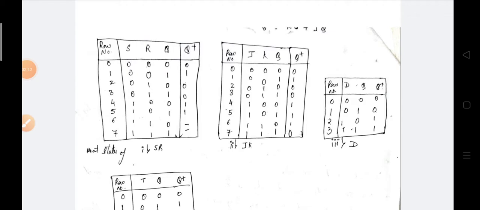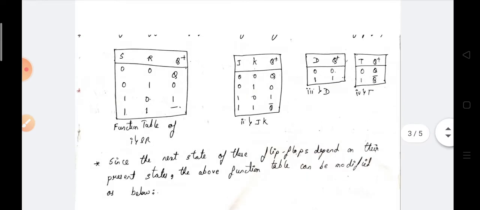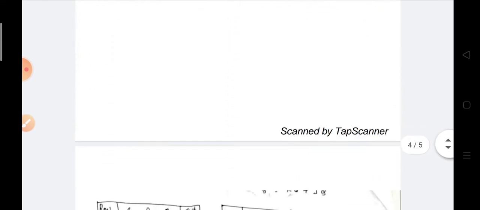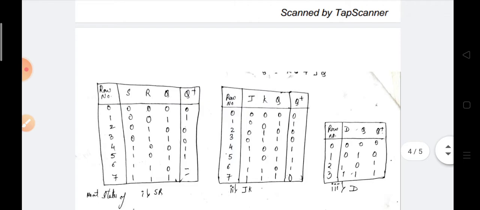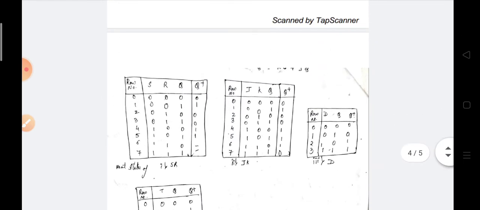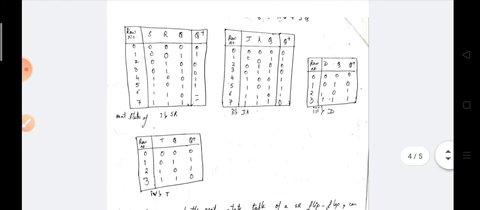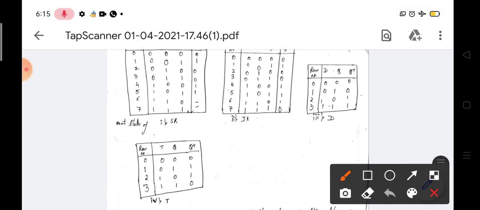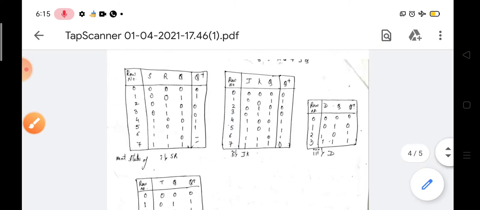So I modify this truth table, or the function table, to have 8 outputs. This is the modified truth table or function table for the next state of the SR flip flop, JK flip flop, D and T flip flop.